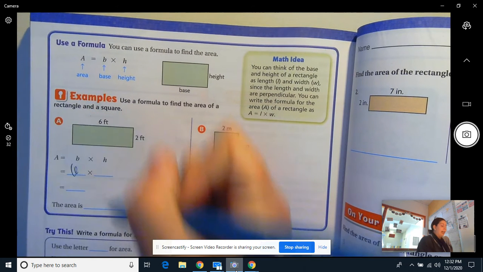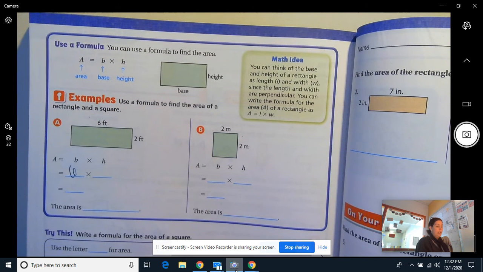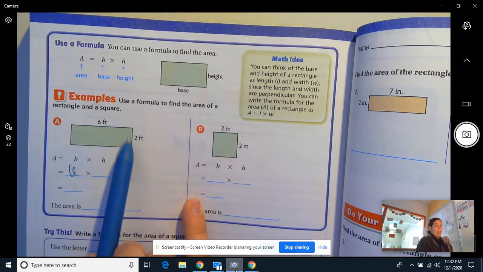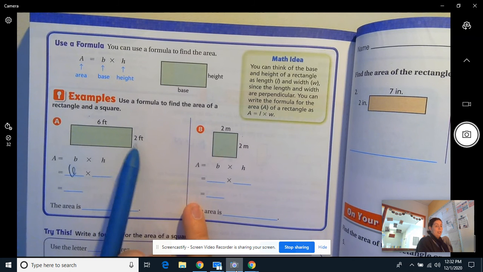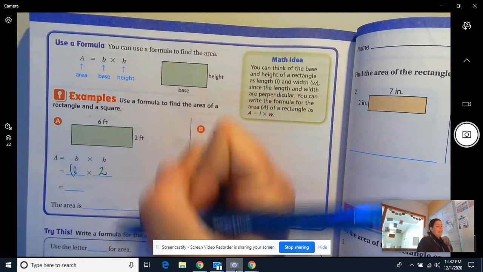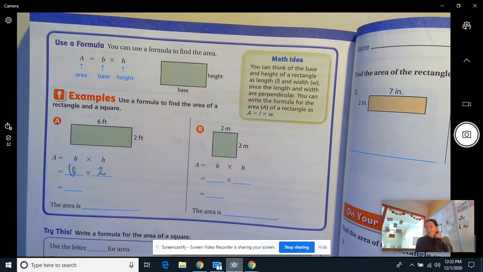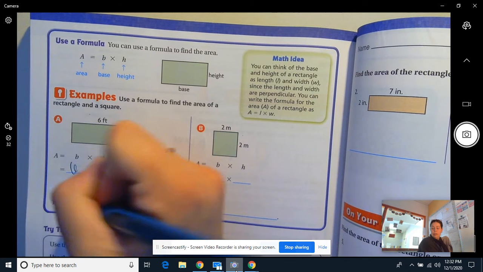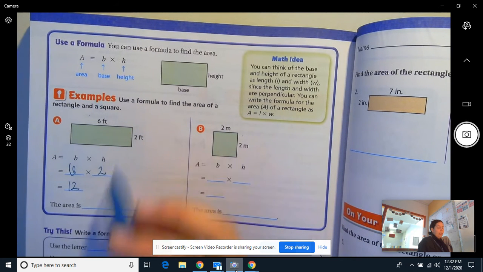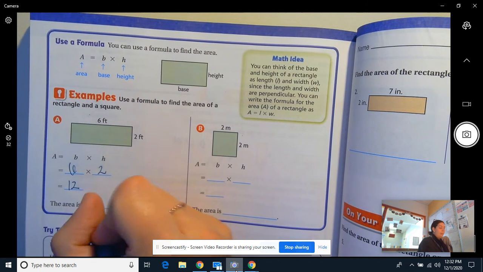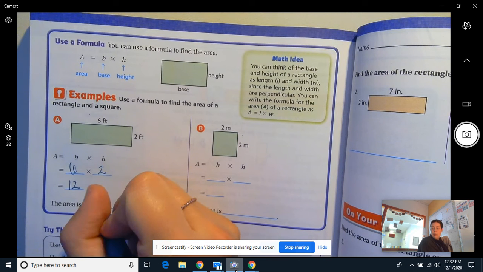So write 6 there. Height, I usually do the sides. So 2 foot. 6 times 2. Maria, what is 6 times 2? 12. Thank you, 12. So the area for this shape, 12 square feet.